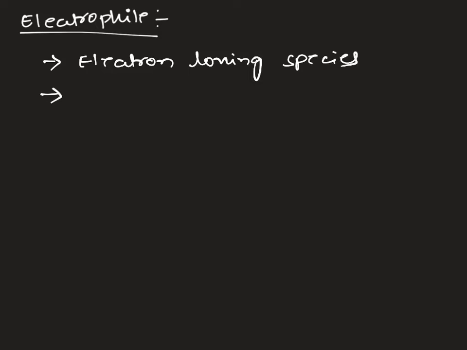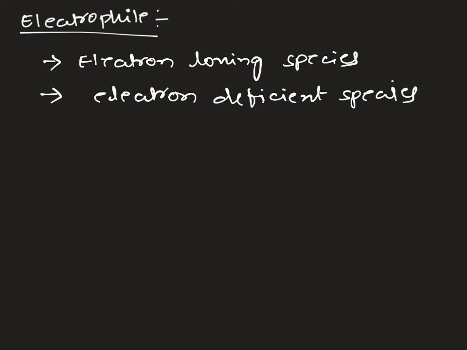And electrophiles are electron deficient species. Electron deficient species means it does not have a complete octet in the outermost shell.